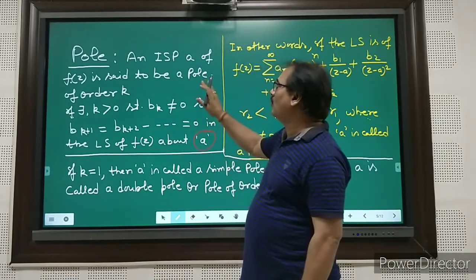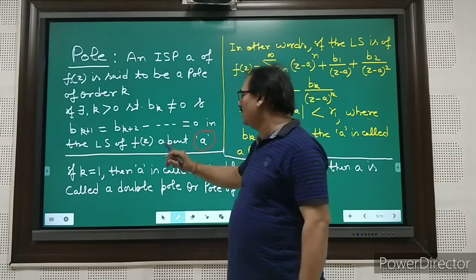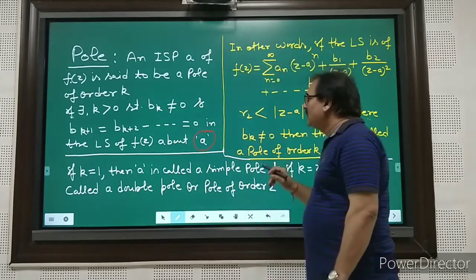So this is called a pole. It will be clear in an example.